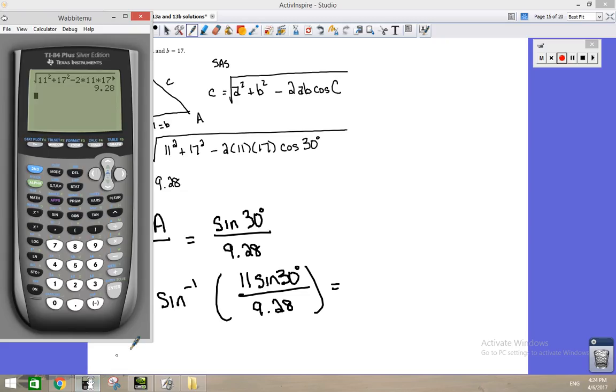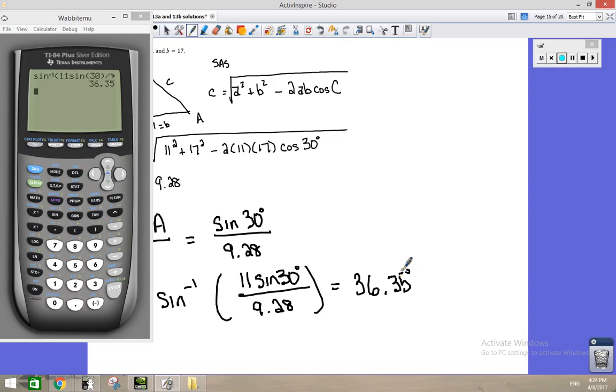Let's jump to the calculator. The inverse sine of 11 times the sine of 30, which is just 1/2, divided by 9.28. So I'm getting an angle of 36.35 degrees.